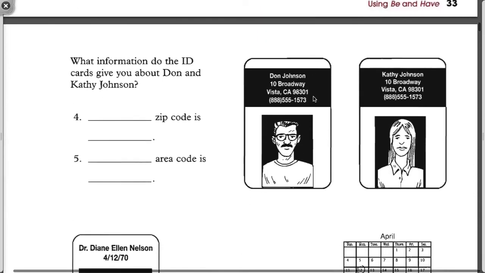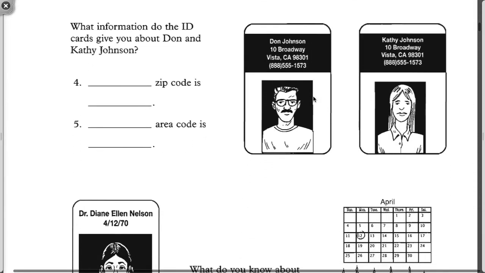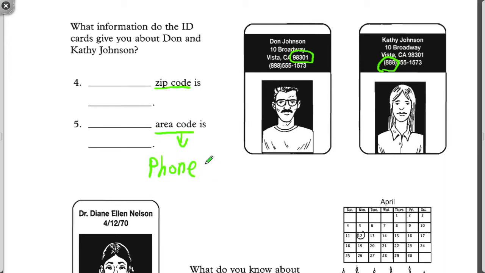Next, what information do the ID cards give you about Dawn and Kathy Johnson? All they're asking for here is zip code and area code. The zip code has to do with the city or the state where you live. Area code has to do with phone number.